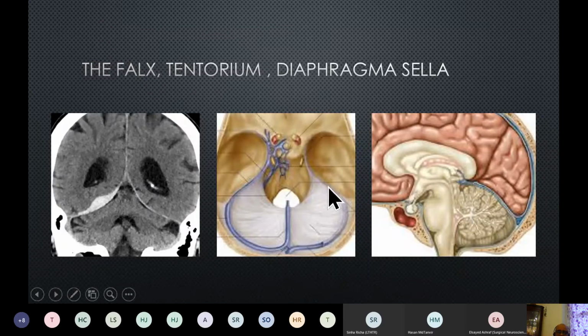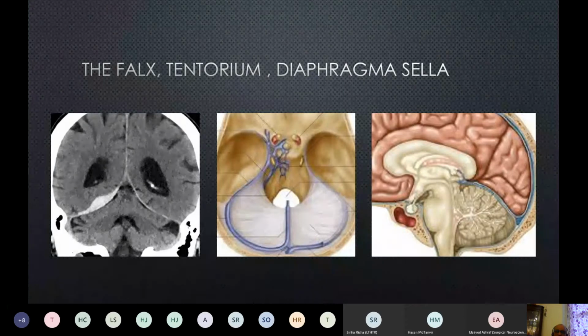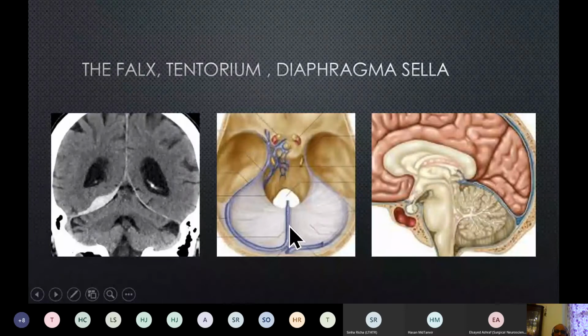The importance, of course, being that these leaflets are not just structures to support the brain, but they house the venous structures. You've got the superior sagittal sinus here, coming all the way down to the torcula, the straight sinus, but also laterally the transverse sinuses and the petrosal sinuses.